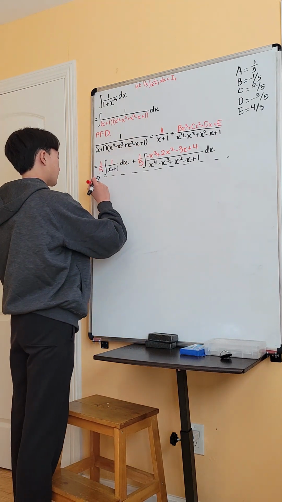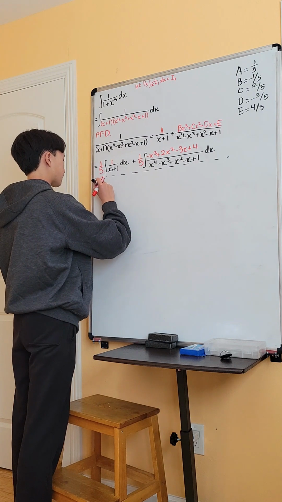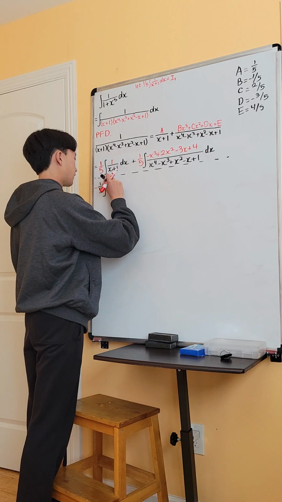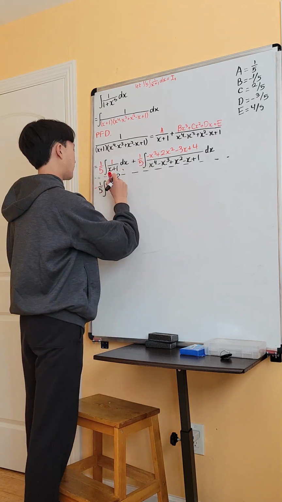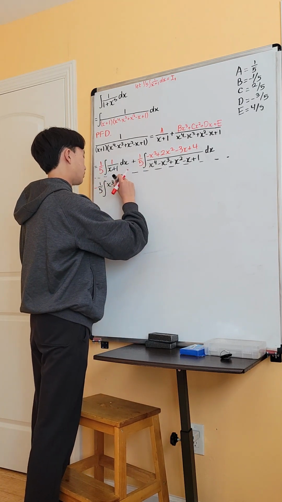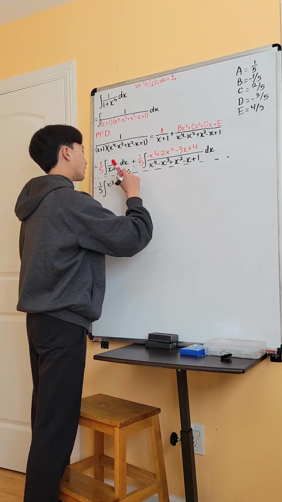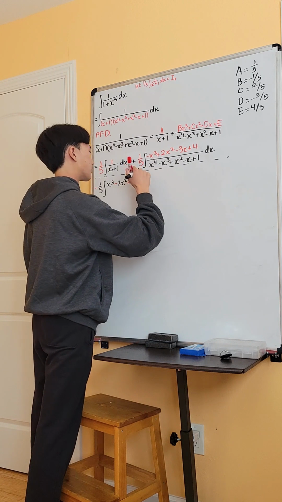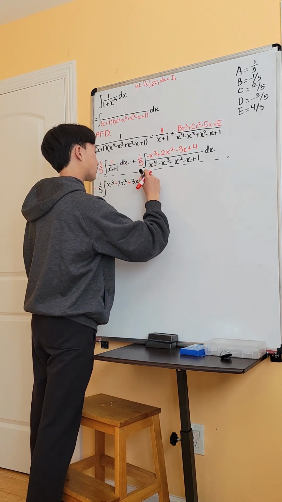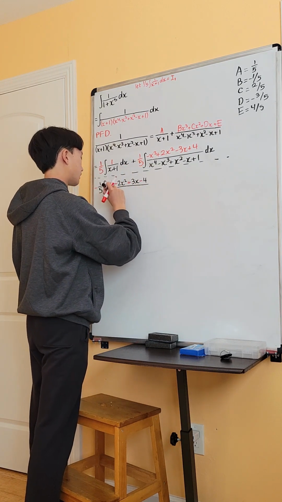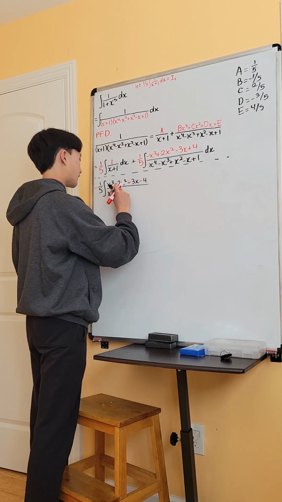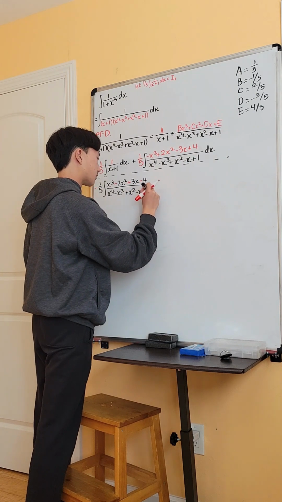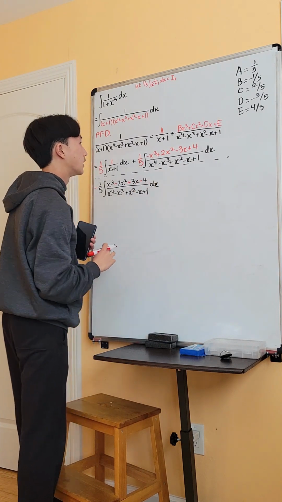So we can make this negative 1/5 times the integral of, and now the x cubed is no longer negative, but all of the signs flip polarity, so this would be minus 2x squared plus 3x minus 4 over x to the 4th minus x cubed plus x squared minus x plus 1 dx.